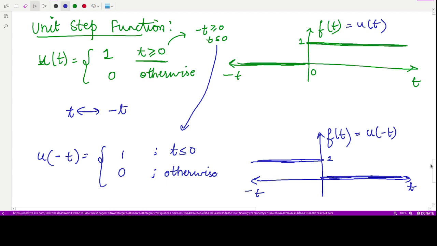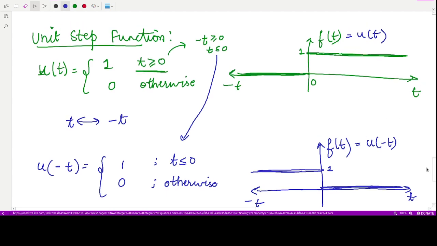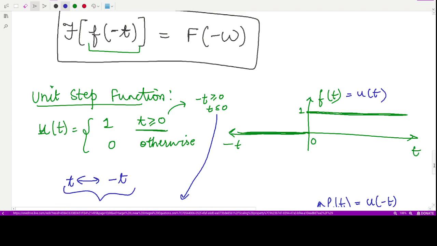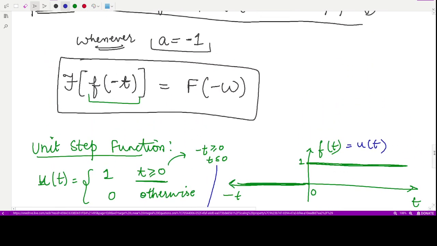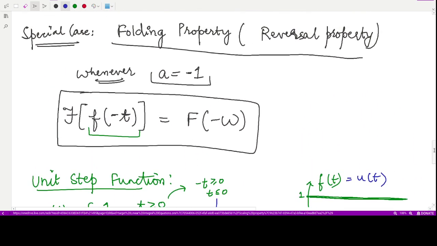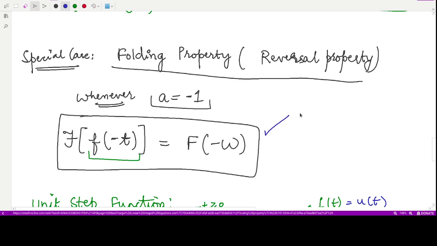So whenever you are multiplying by a equal to -1, you are having the reversal property. Whenever some function exhibits this reversal or folding property, we can make use of this property, which relates the Fourier transform of the original function with that of the reversed function, right?